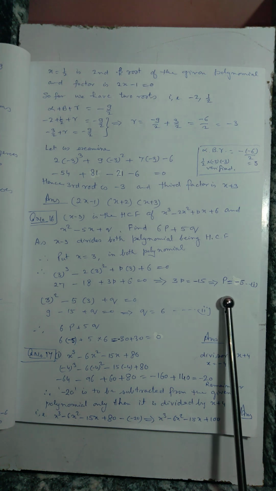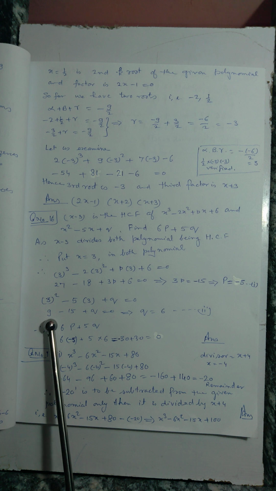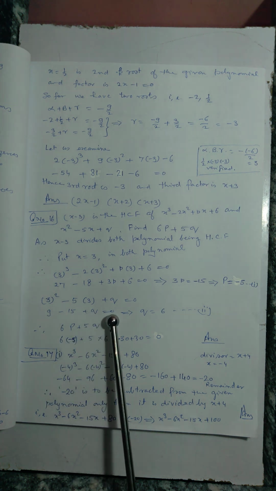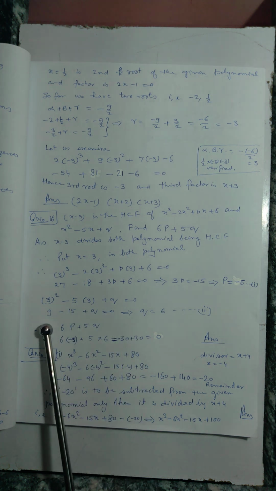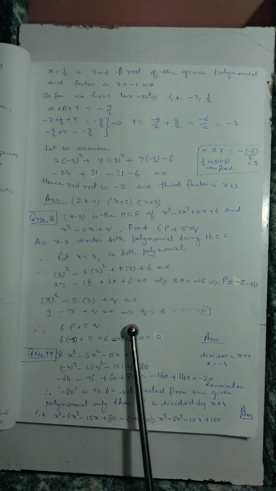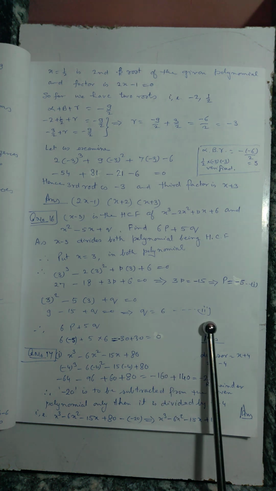Therefore, p will be equal to minus 5. Now, in the second case, 3 square minus 5 into 3 plus q equal to 0. So it will become 9 minus 15 plus q equal to 0. So q will be equal to 6.